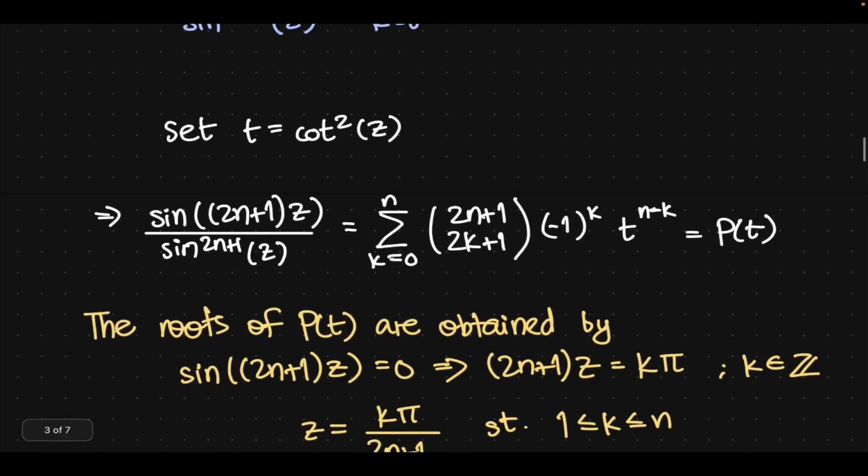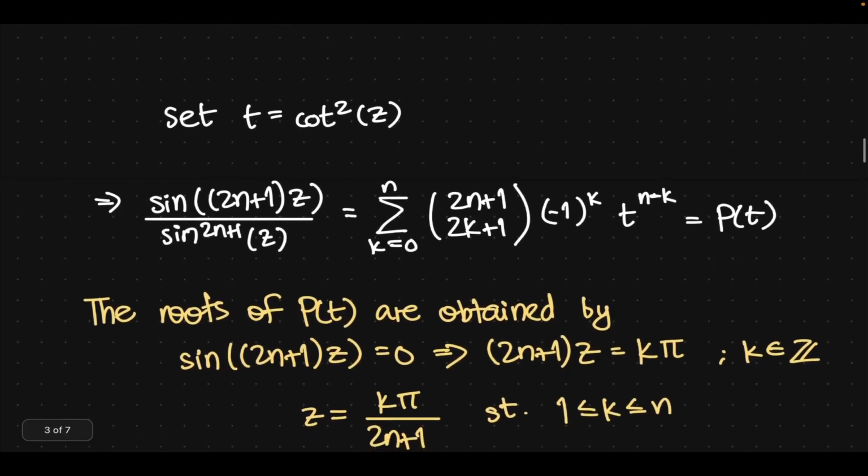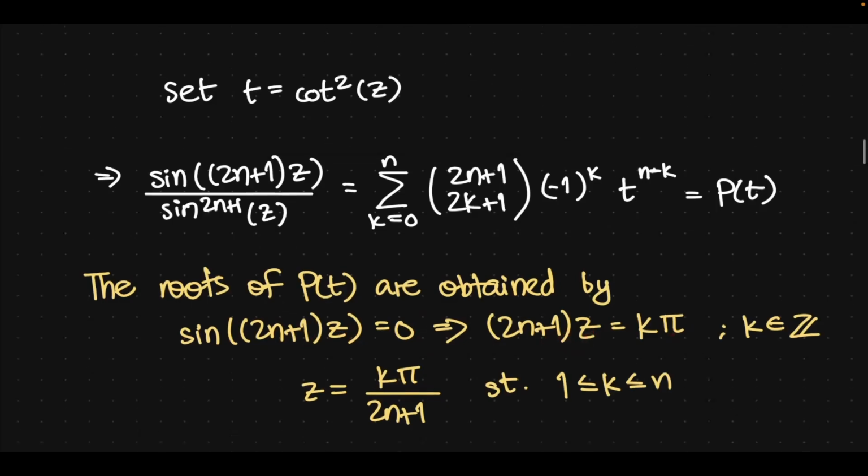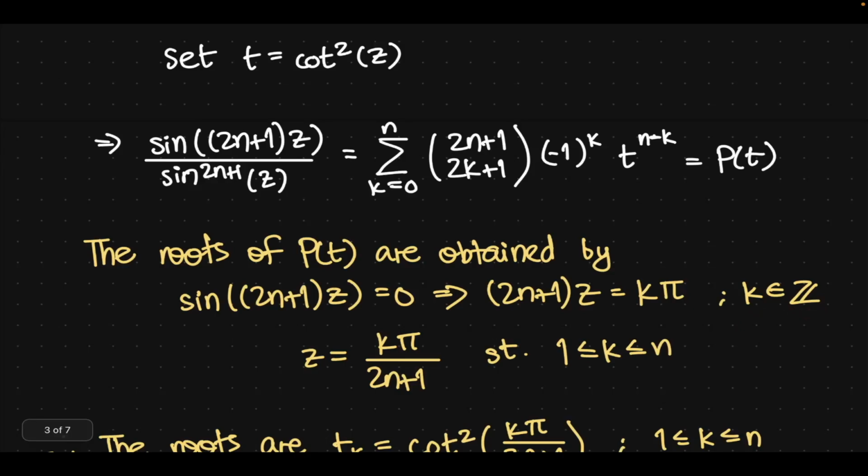So by the fundamental theorem of algebra, there are going to be n roots. When we try to find the roots of p of t, we have to set sine of (2n+1)z equal to 0. So that means (2n+1) times z equals k pi, where k is some integer. So z has to be k pi over 2n+1.